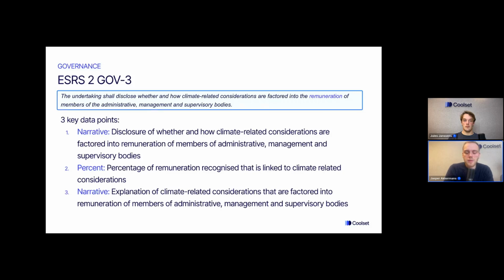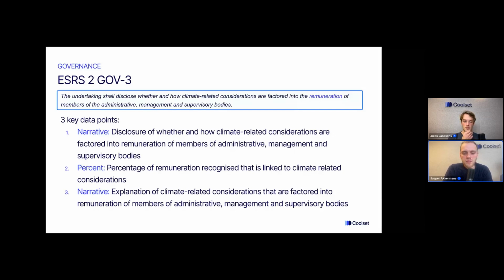So this will usually probably be a smaller number, but if the CEO has a salary of say 100,000 euros a year, then you might say, well, then let's say 5,000 euros of that is related to the remuneration of climate-related considerations.